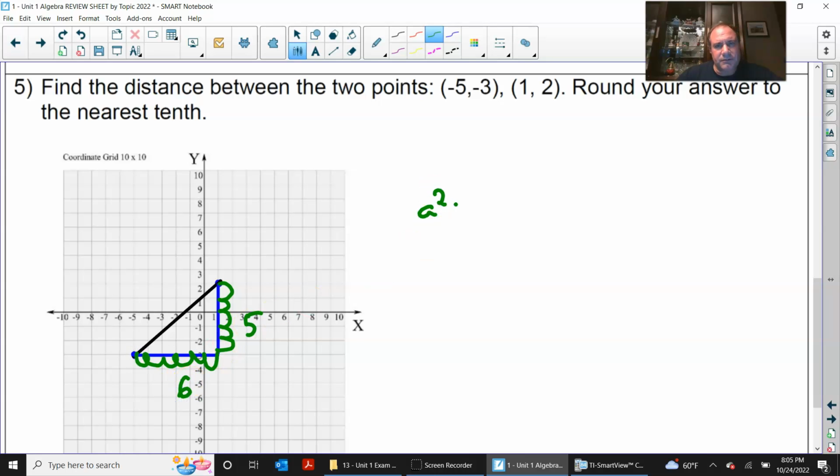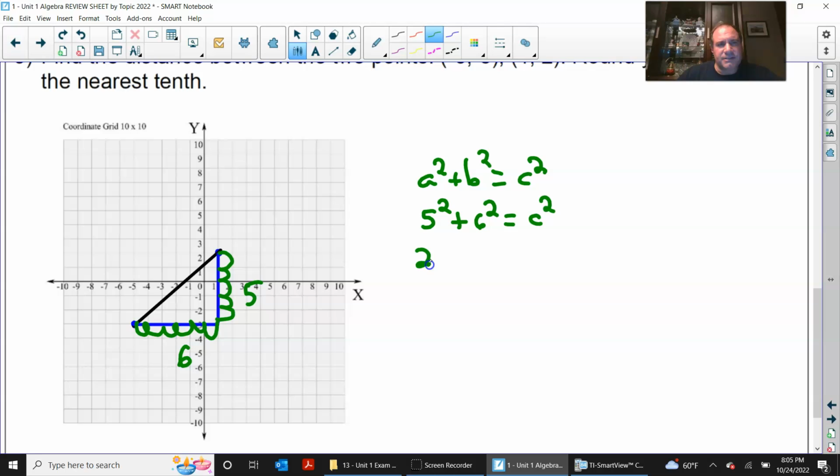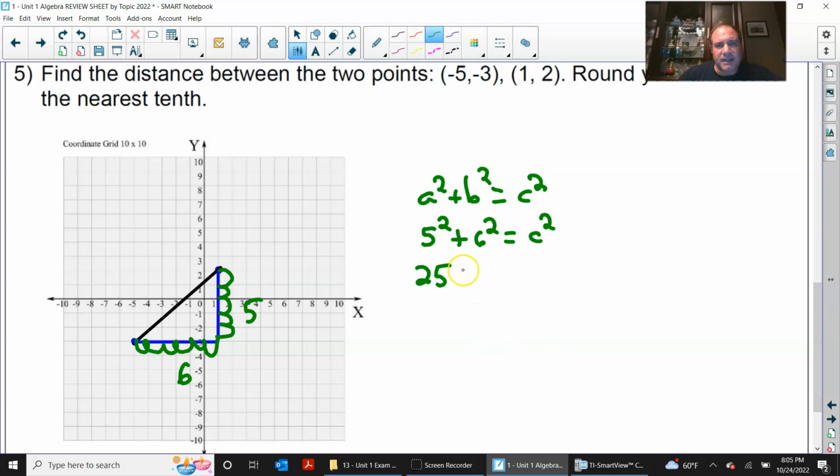So I'm going to use the Pythagorean Theorem. A squared would be my 5. B squared would be my 6. And C squared would be here, right? The missing length. So we have the missing distance. It says round your answer to the nearest tenth.